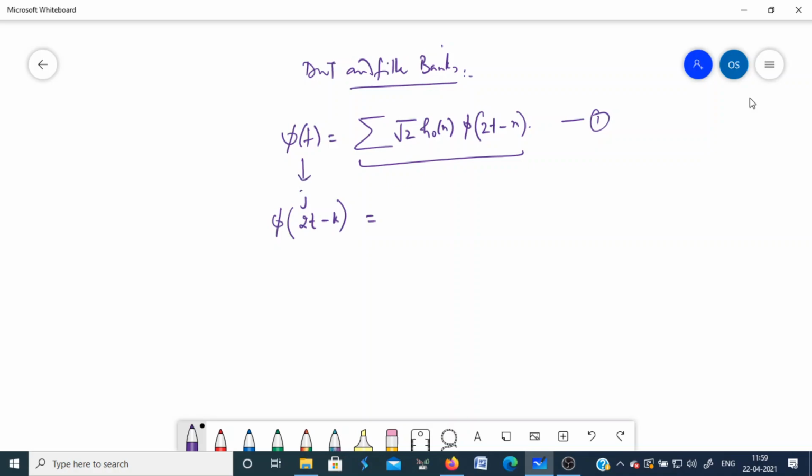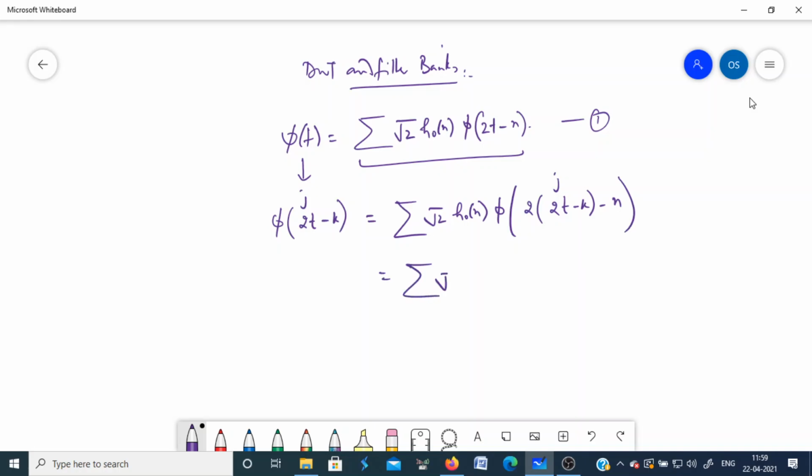If you generate this function phi(2^j t minus k) from this phi(t), it will become the summation of root 2 h0(n) phi(2 into (2^j t minus k) minus n).